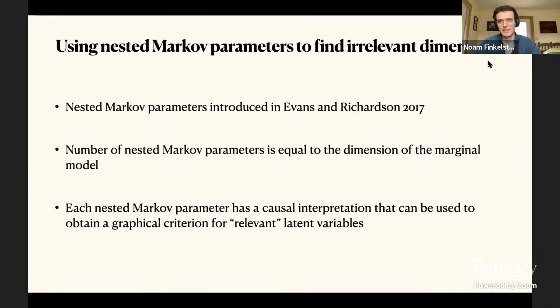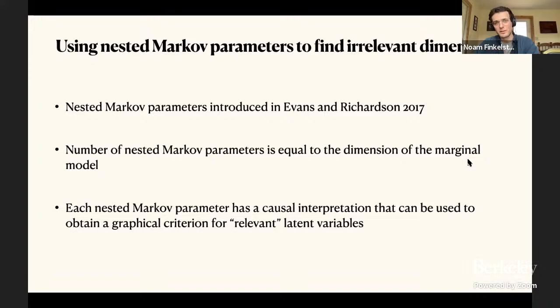We use the nested Markov parameterization. This is a really nice parameterization for the nested Markov model, which was introduced by Robin Evans and Thomas Richardson, who are organizing this workshop. The parameterization has 2 really nice properties.